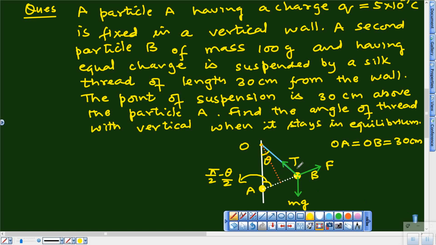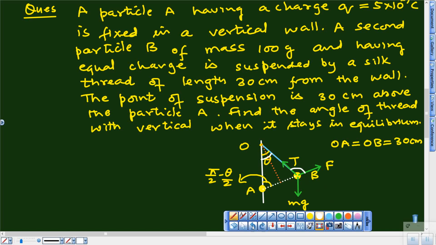Now, as far as the angle between tension T and force F is concerned, we can use the theorem we learned in geometry: the external angle is the sum of the internal two. This being the external angle would be the sum of this angle and this angle.